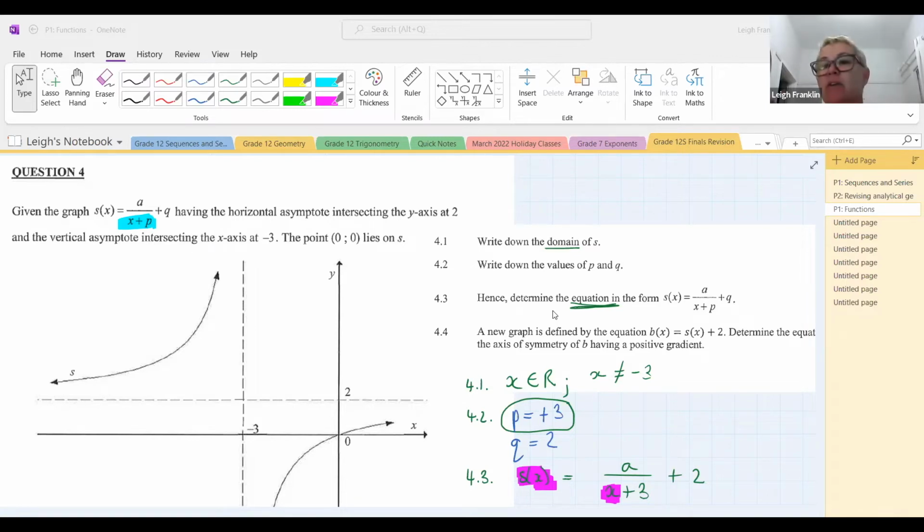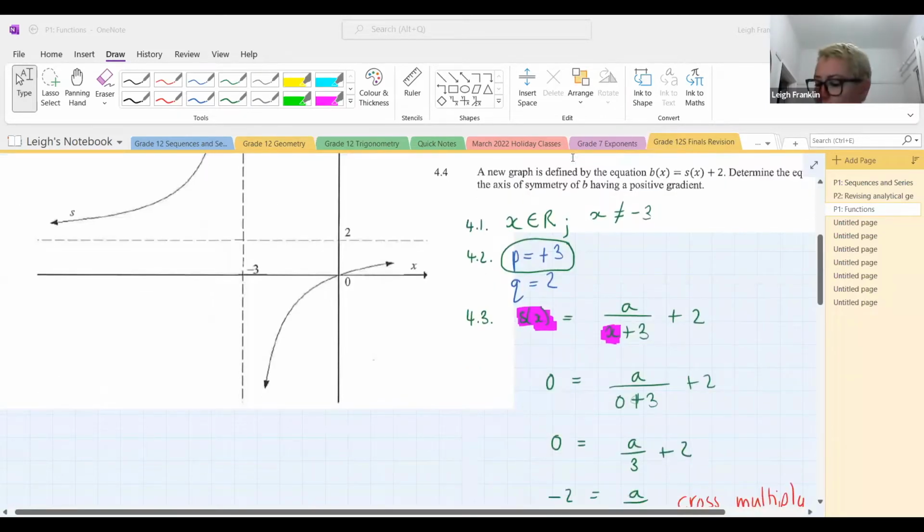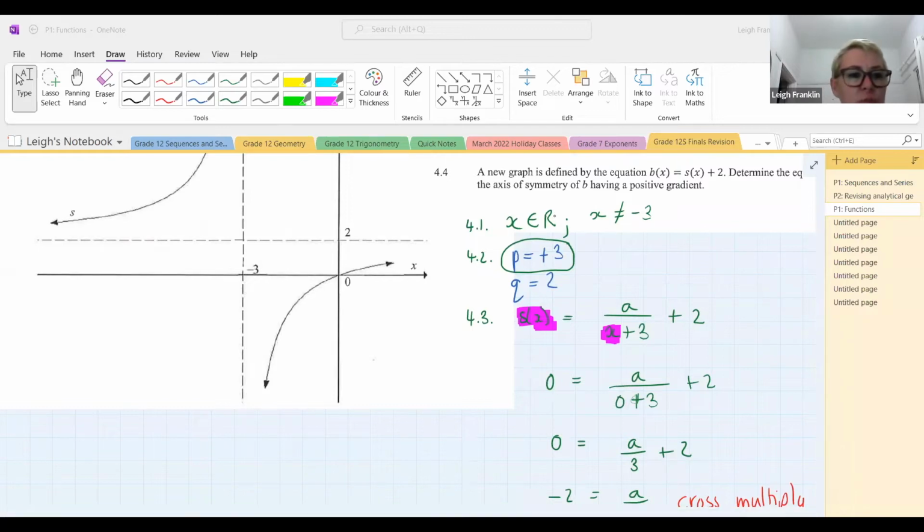Does the gradient change if it's an axis of symmetry? Okay, no, you're right. It doesn't change.